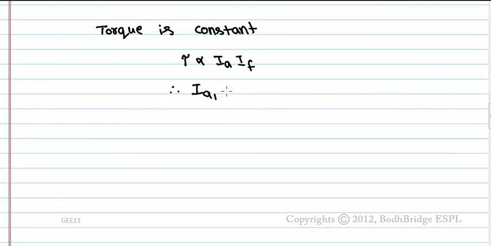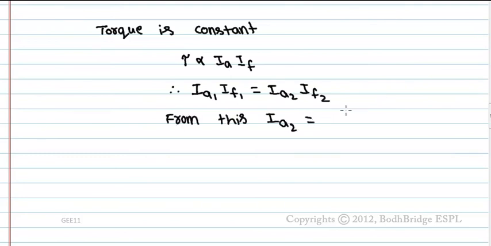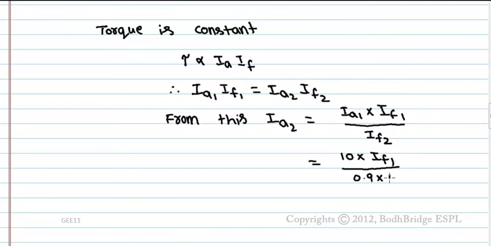Therefore, Ia1 If1 equals Ia2 If2. From this, Ia2 equals Ia1 into If1 divided by If2. This equals 10 into If1 by 0.9 into If1, which equals 11.11 amperes.